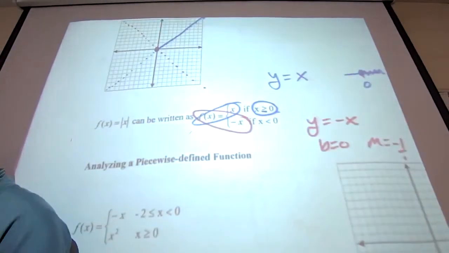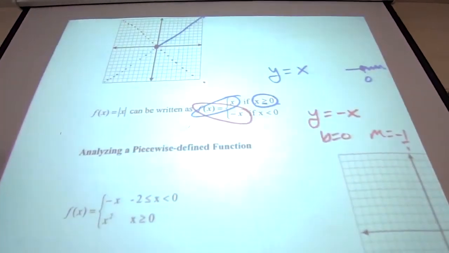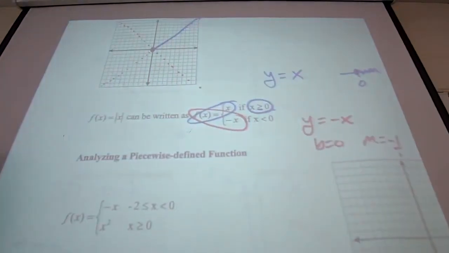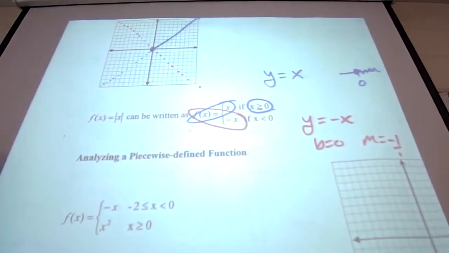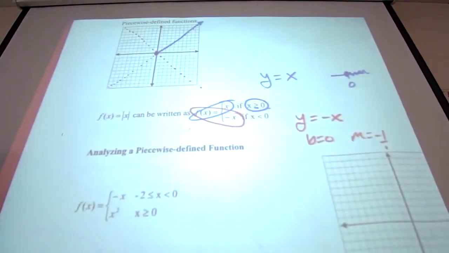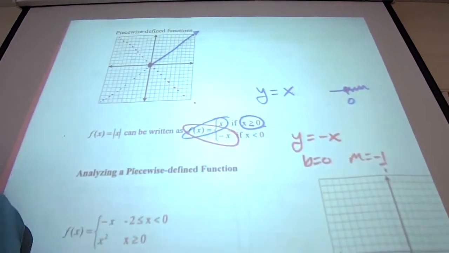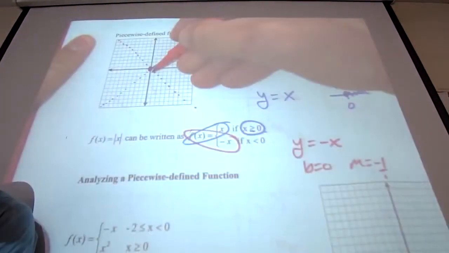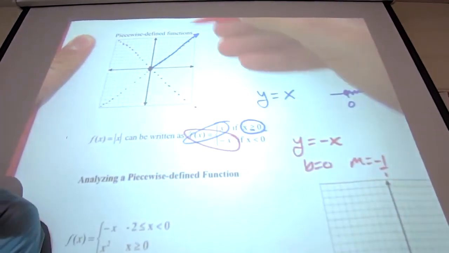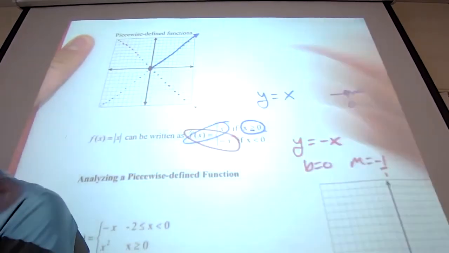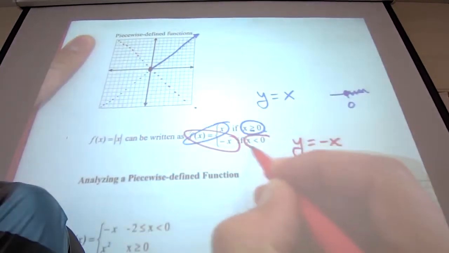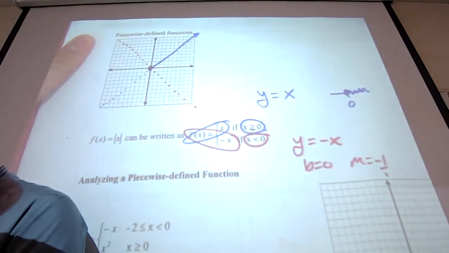Now remember, this is called a piecewise function. So when I connect the dots, it should pass the vertical line test. So I know I'm not going to connect these dots because it wouldn't be a function. And if I look, I want to graph where x is less than 0.